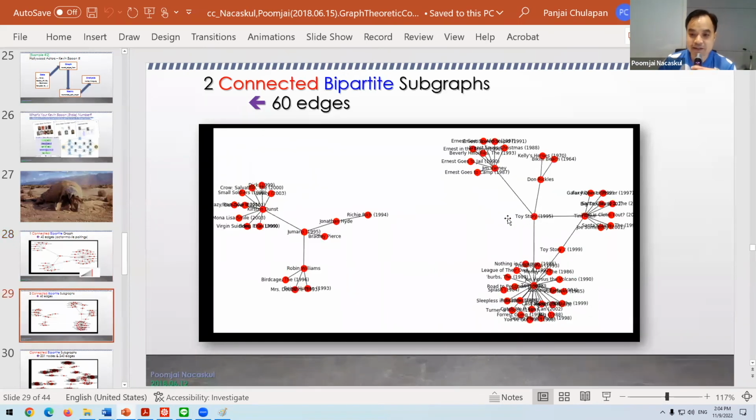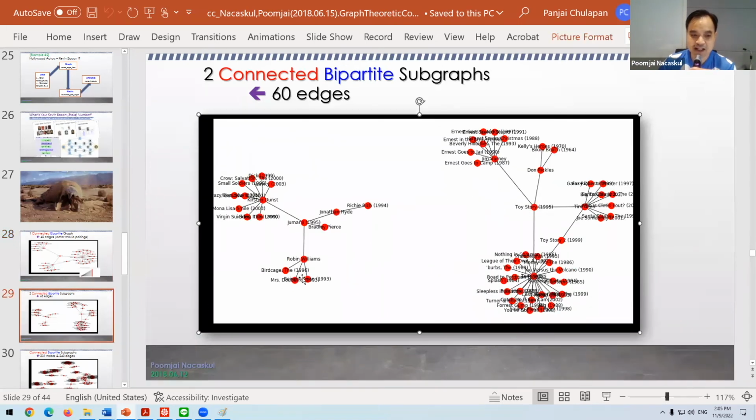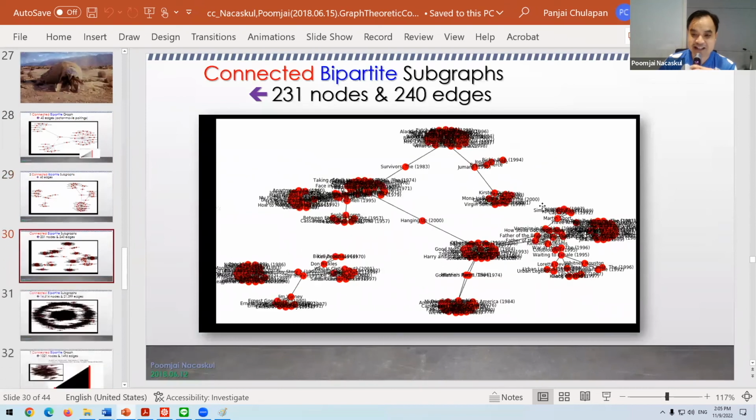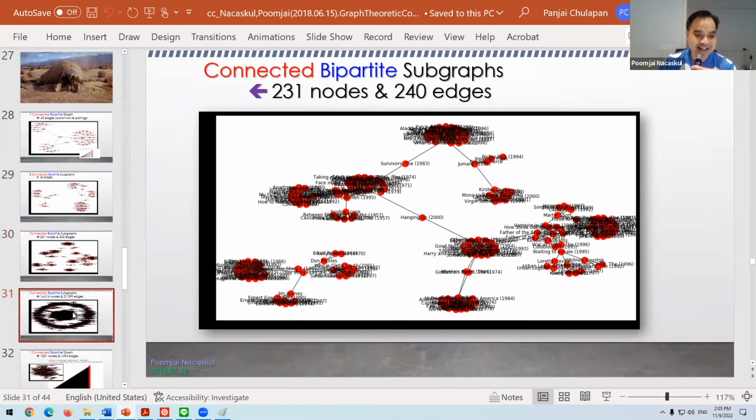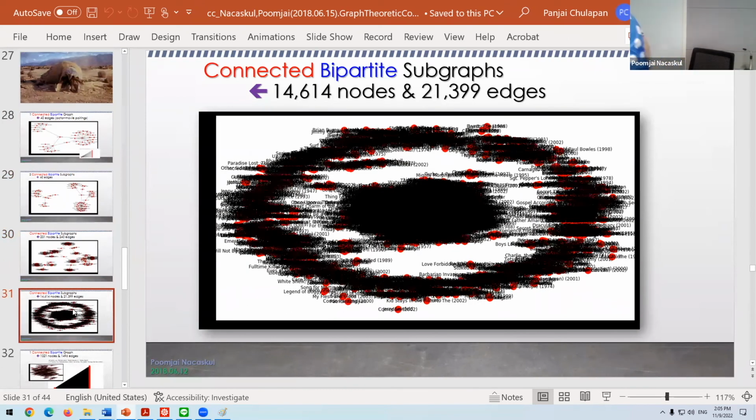By the way, this is just a small shot, and this is more. In fact, this is the data set. The real data set has 14,000 nodes. 14,000 nodes. That means the number of actors and number of movies bind together.